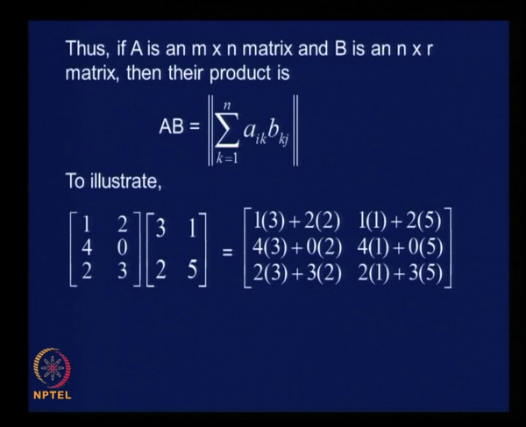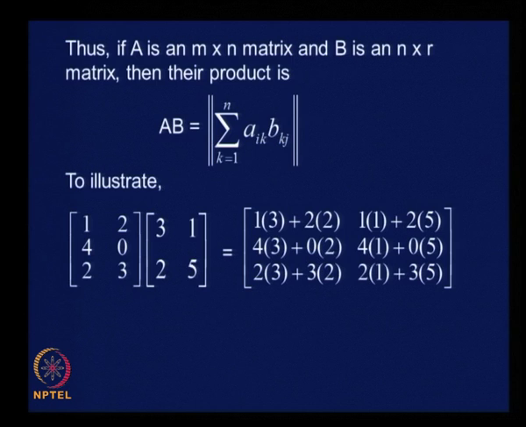What do we do? We just consider the first row of the matrix, and the corresponding column is the first column. We multiply 1 and 3 plus 2, the second element of the first row and second element of the first column, 2 into 2.